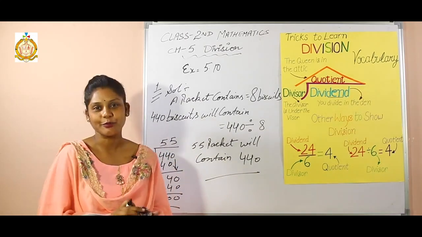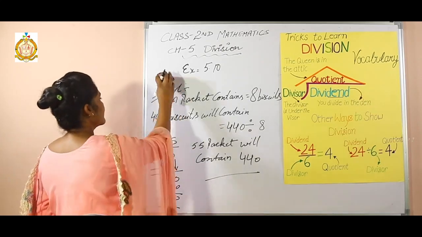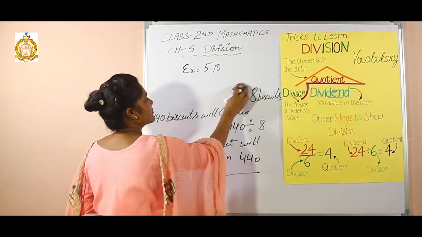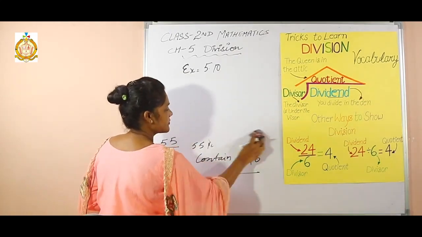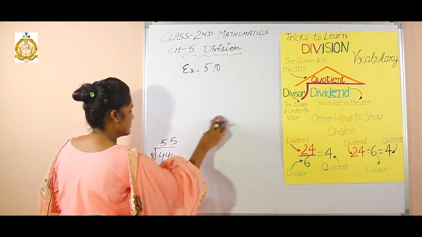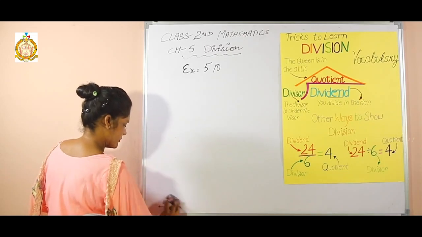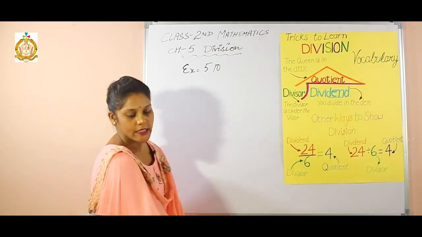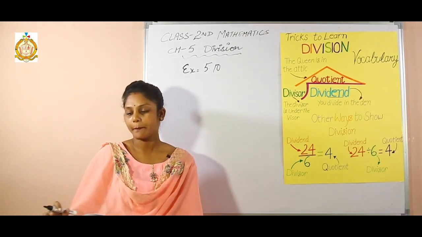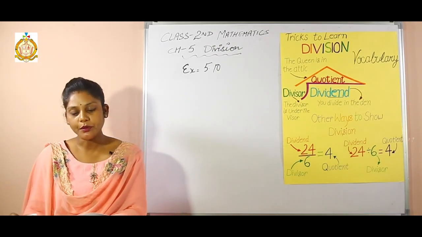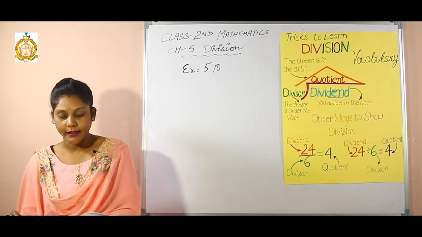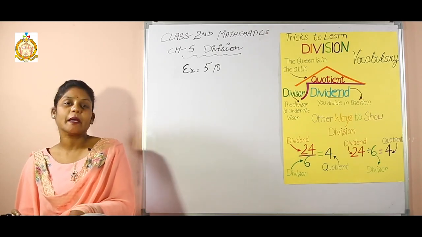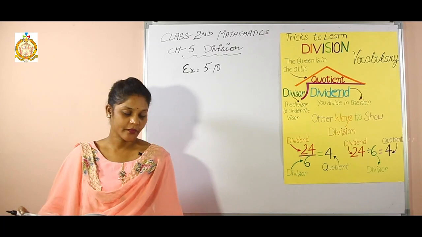So same like this, I want to solve once again the second sum. After that you should practice. Okay. Same exercise 5.10, the second sum: if 270 rupees are to be equally distributed among 9 beggars, how many rupees will each beggar get?